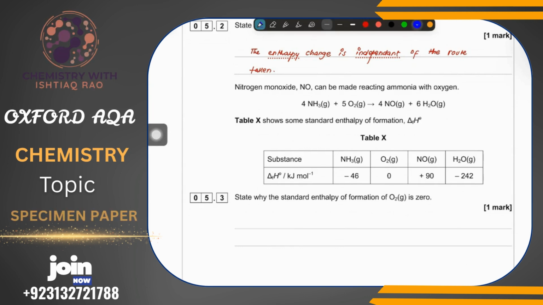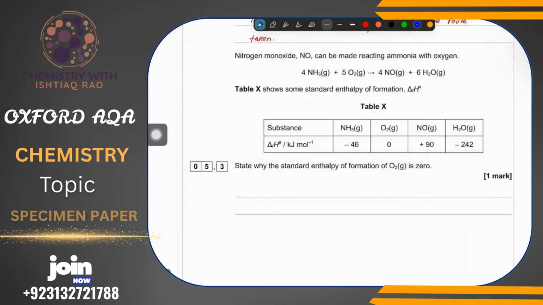So I am supposed to write that O2 is an element, N2 is an element, H2 is an element. That's why the enthalpy change is zero.